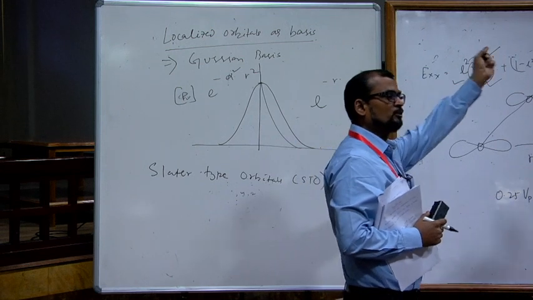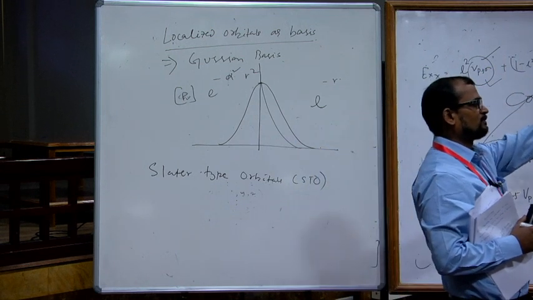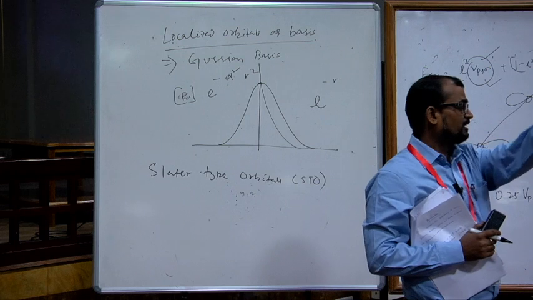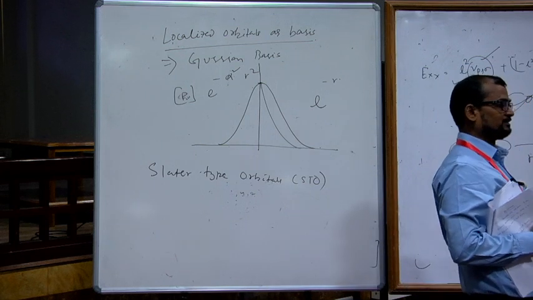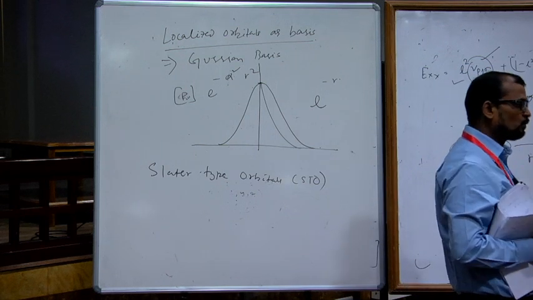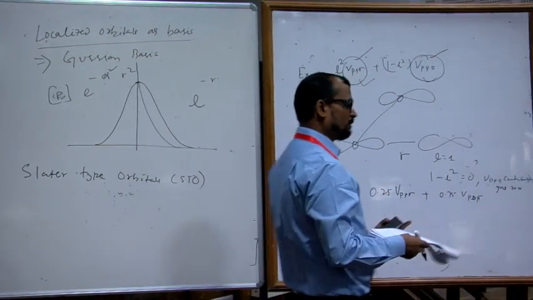Is it easy to form an S-type orbital or a P_x-type, P_y-type, or P_z orbital? It is difficult to form D and F orbitals. So Slater took all of them and created a new set of orbitals.